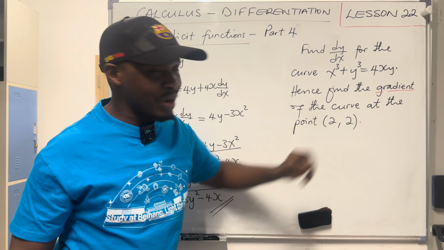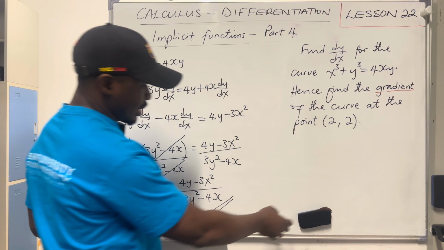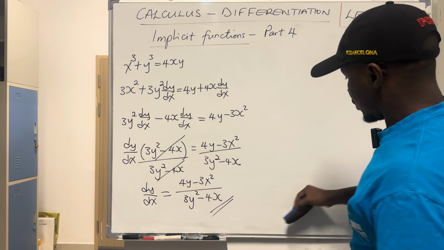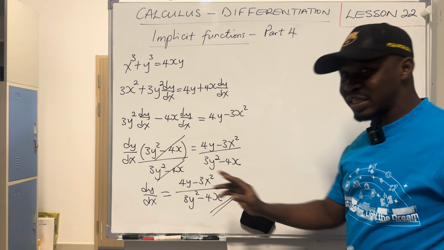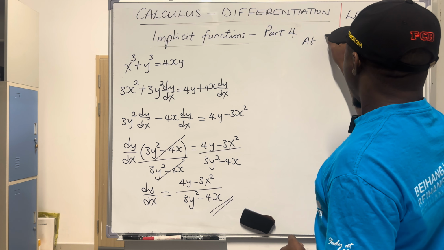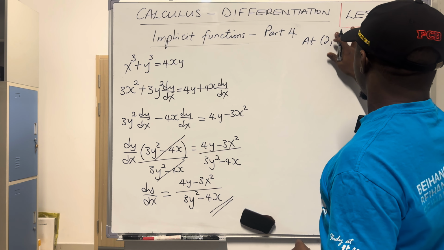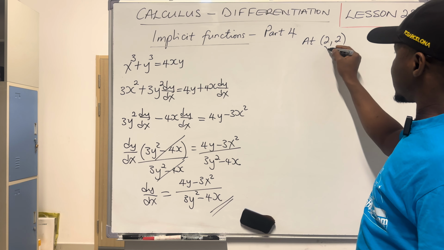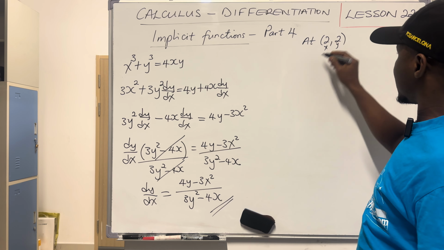Wherever we see y, we write 2. That is the only thing we need to do. Don't forget, dy dx means gradient. So we say at 2, 2, in any coordinate system, the first value represents x, the second represents y.